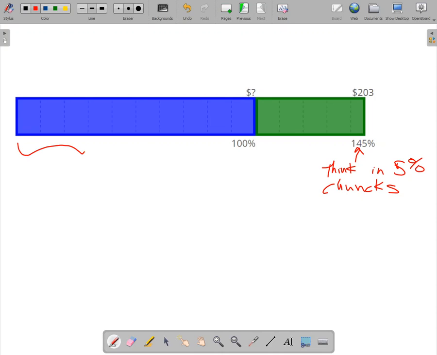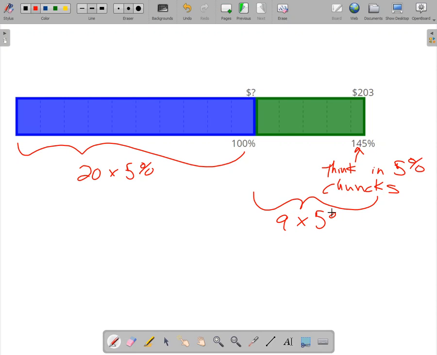And there are 20 groups of 5% in 100. And then in the extra 45%, there are 9 groups of 5%.